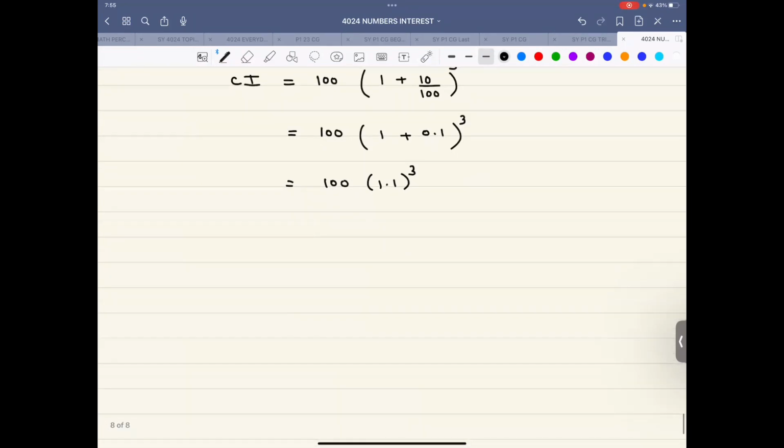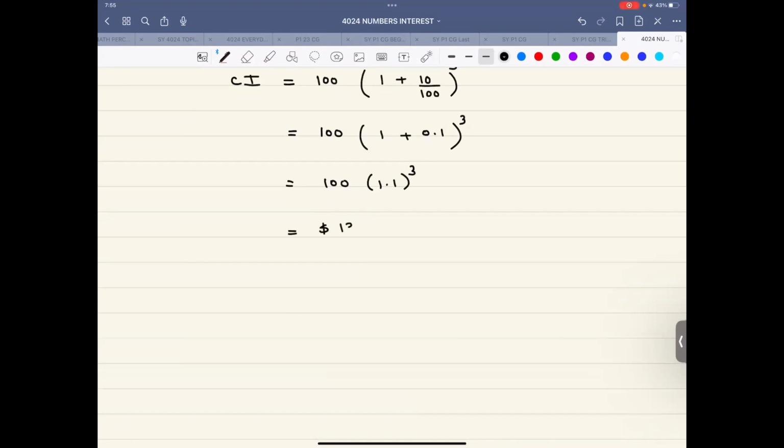Now grab your calculator and multiply it out, 1.1 multiplied by itself 3 times, giving 133.1.